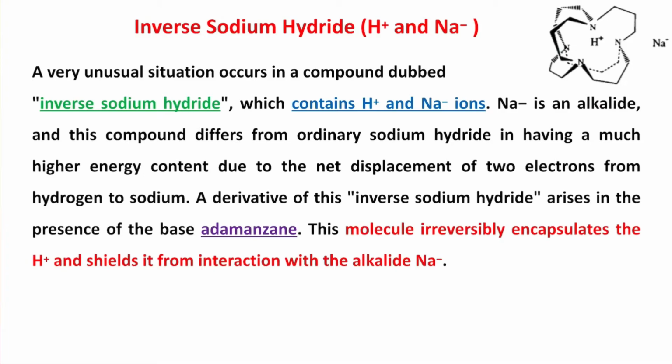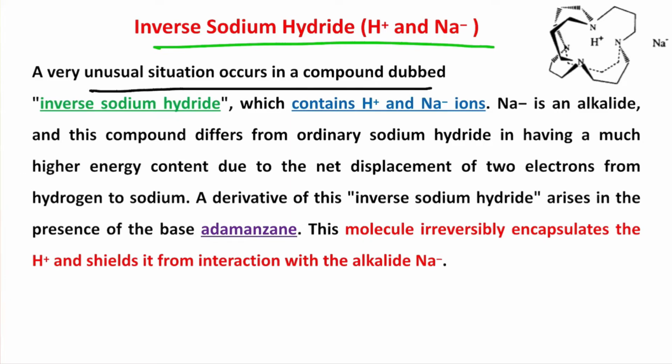Now in this context a very famous compound is inverse sodium hydride, or H plus Na minus, a very unusual situation in a compound, dubbed inverse sodium hydride. Why inverse? Because generally sodium hydride means sodium plus and hydride minus, because sodium is the more electropositive metal, that's why it is plus, and the electron is given to hydrogen, which takes the electron and produces hydride.